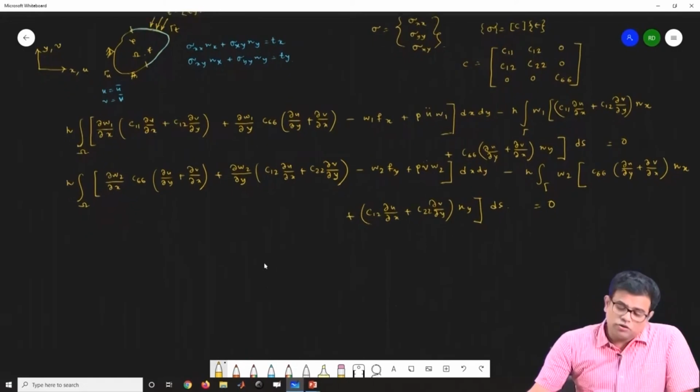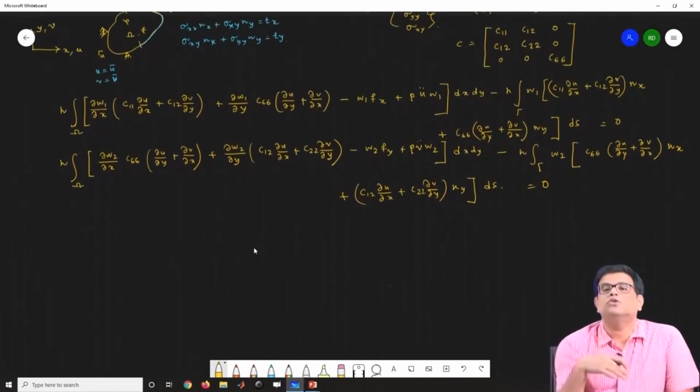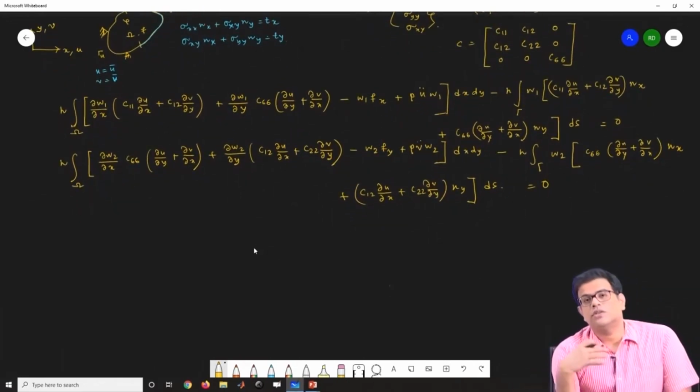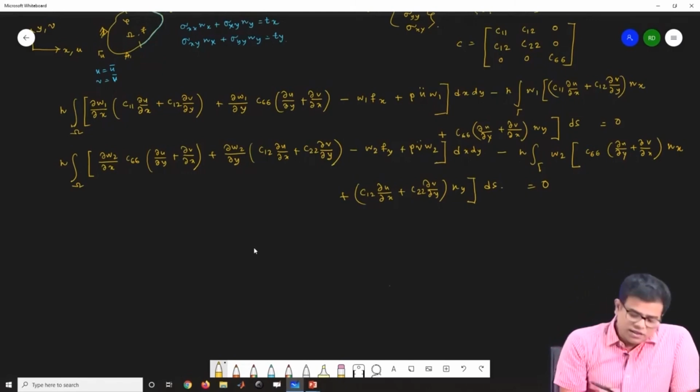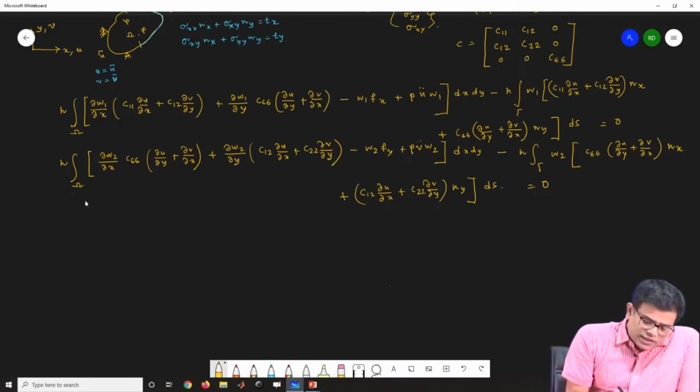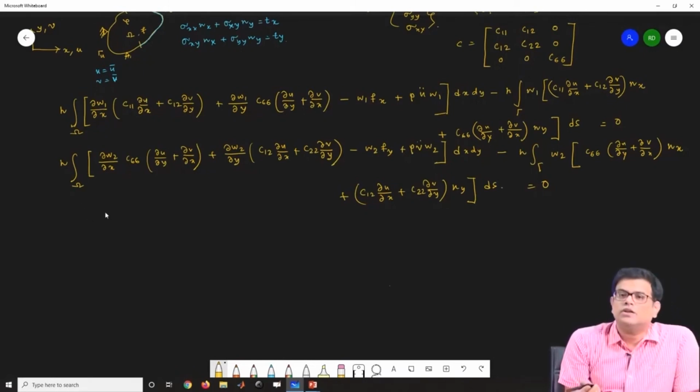Now from the weak form, if I want to deduce the discretization, then the body has to be discretized with elements. So let us discretize. You can discretize with triangular elements, rectangular elements, quadrilateral elements, or even higher order elements.